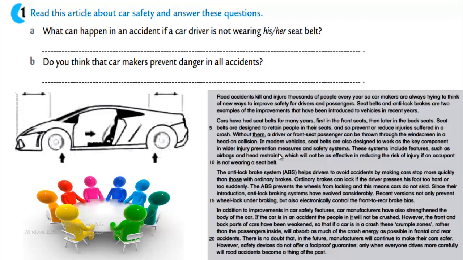The first question: what can happen in an accident if a car driver is not wearing his seat belt? The second question: do you think that car makers prevent danger in all accidents? Now take your time. Read silently and carefully to answer these two questions.